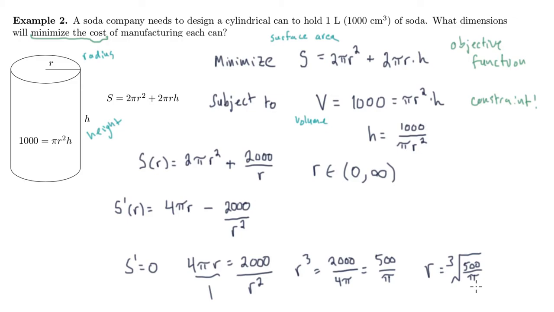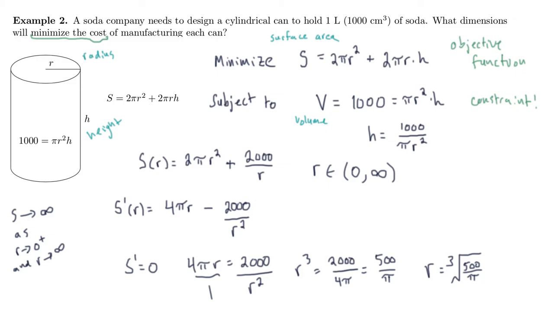By our argument before, this has to be where the minimum occurs because it's the only critical point, and I know I'm going off to infinity in either direction of my endpoints. So again, the limit: S goes to infinity as r goes to 0 from the right and as r goes to infinity.